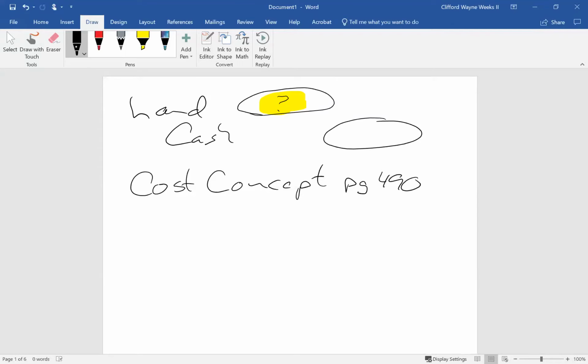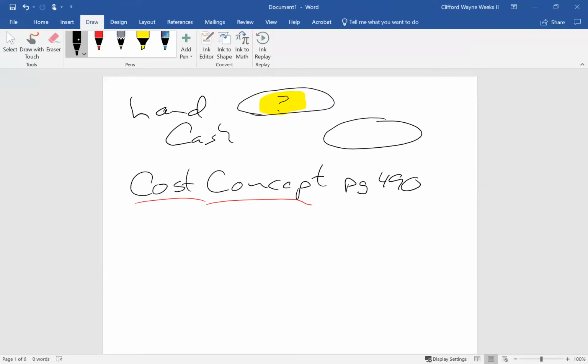Because again, the cost concept is basically saying, whatever it takes to get it into its intended use, we're going to record that as part of the purchase price. So leveling the land would be part of the cost of land and not part of the cost of the building. Again, the cost concept: whatever it takes to get it into its intended use.